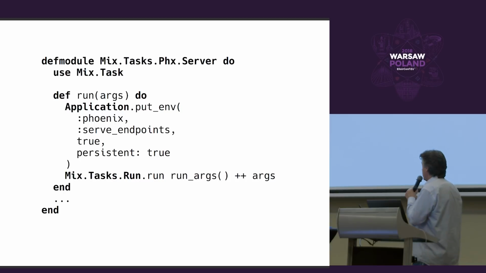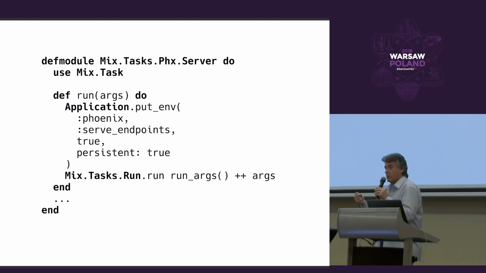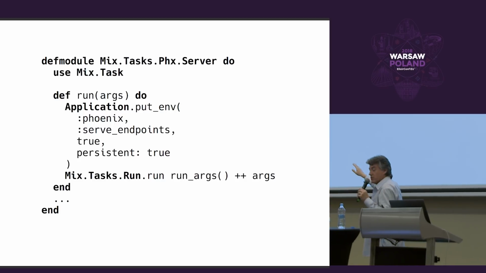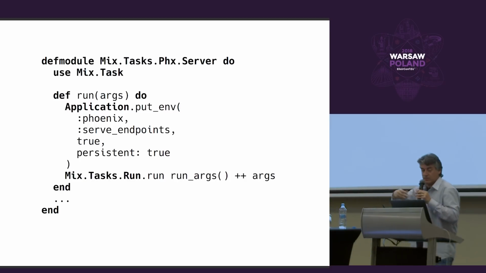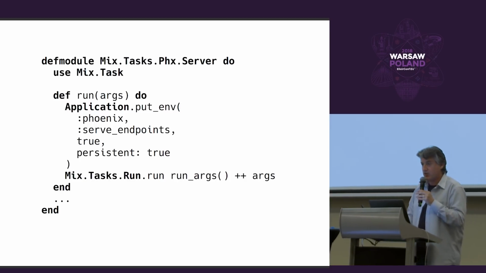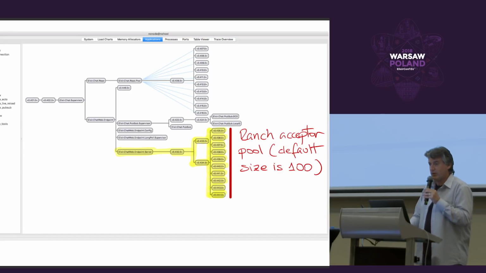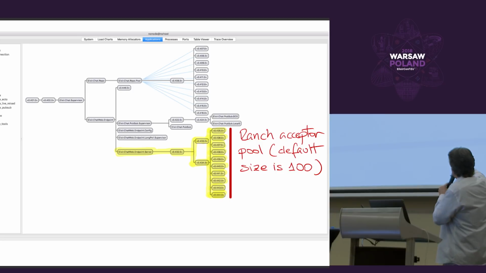And that's beautiful because we have seen what run does. Well, launching the server is running the run task, the one that we have seen, with the only difference that before launching the task, there's a configuration key set. That's the only difference. It's beautiful, right? So you change this configuration, and this serve endpoints, and if serve endpoints is set, the run task, if we have this set, then we have to launch the server, and this is this part of the tree that you see here.